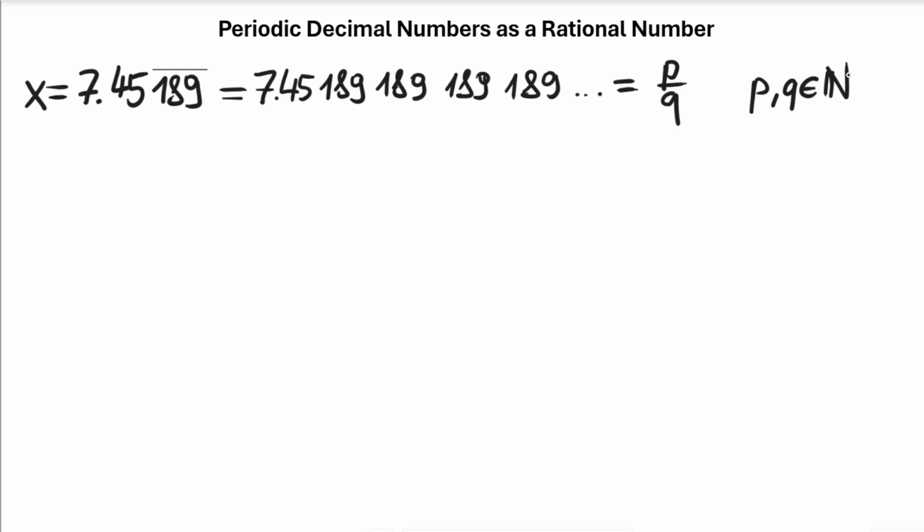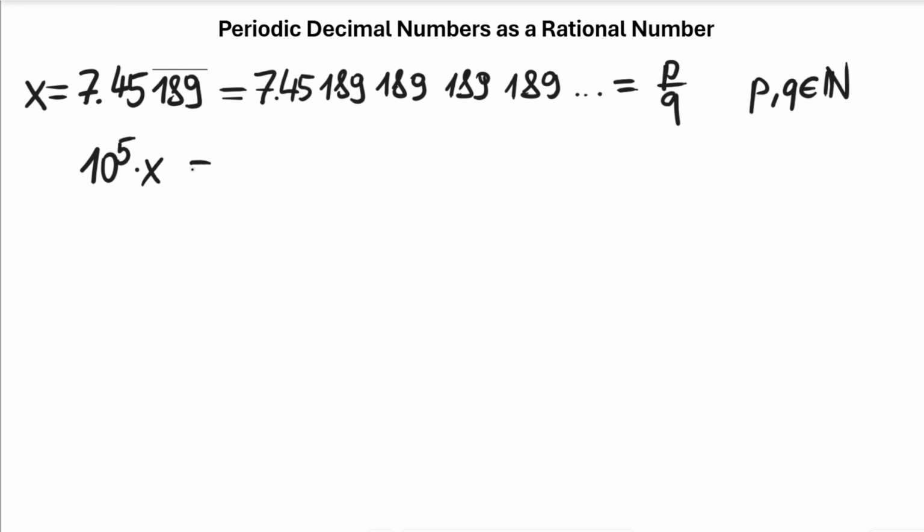And there is one trick. First of all, you multiply by a number such that the decimal point moves to the right after the periodic part, so after these repeated digits. In this case, we multiply by 10 to the power of 5.